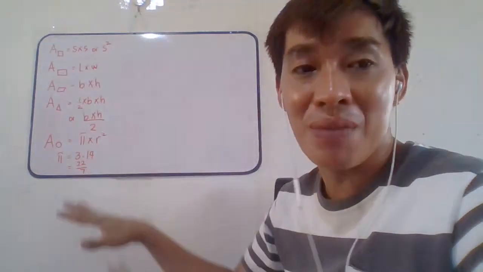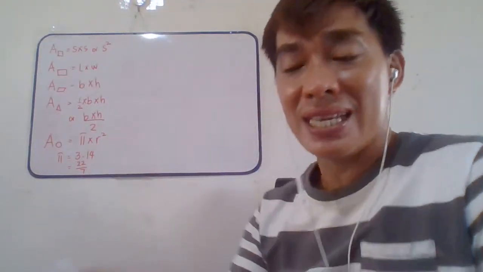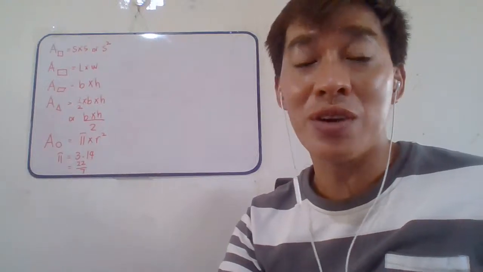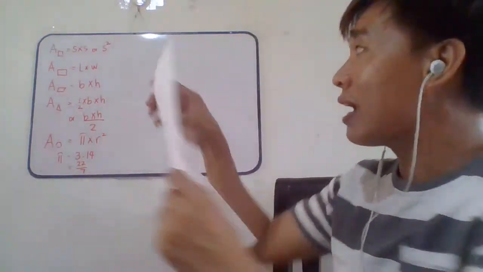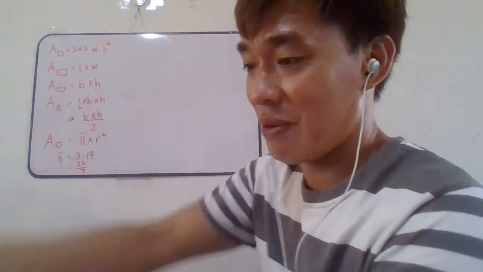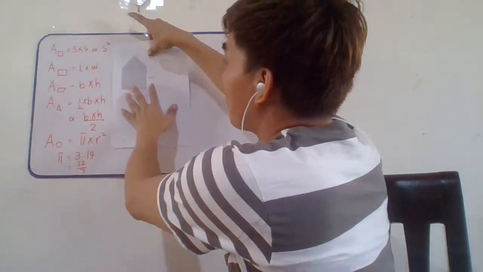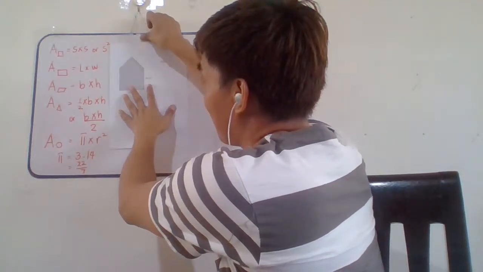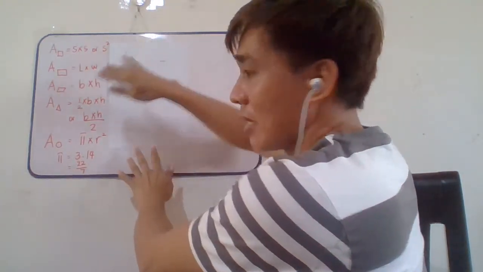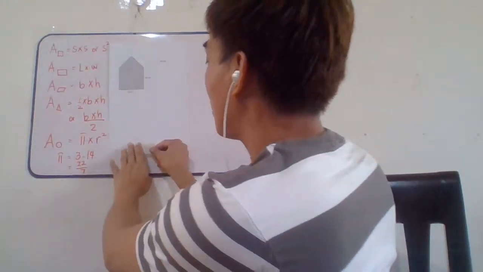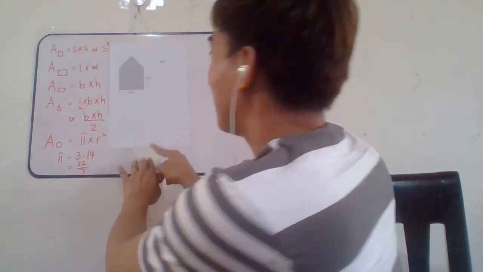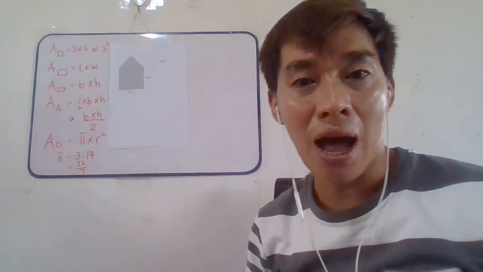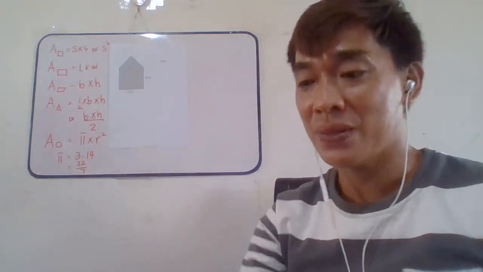So we always have to remember all these formulas, because this time I will be discussing how to get the area of the composite figure. The first figure in my summative test is this one, similar to the figure in your module.